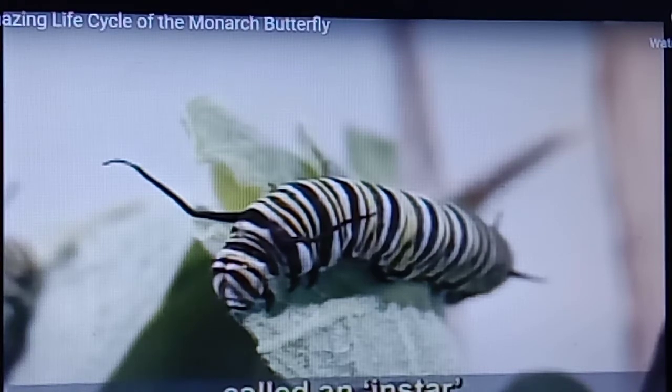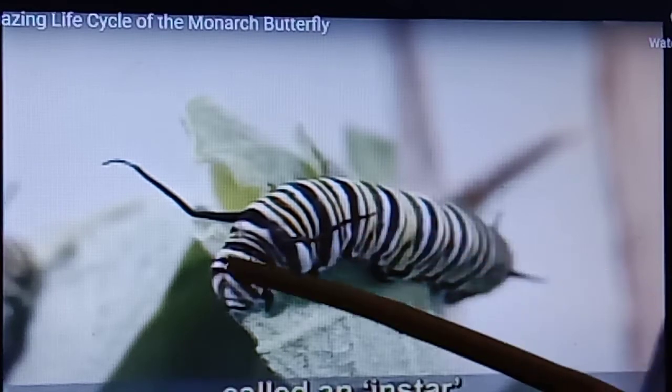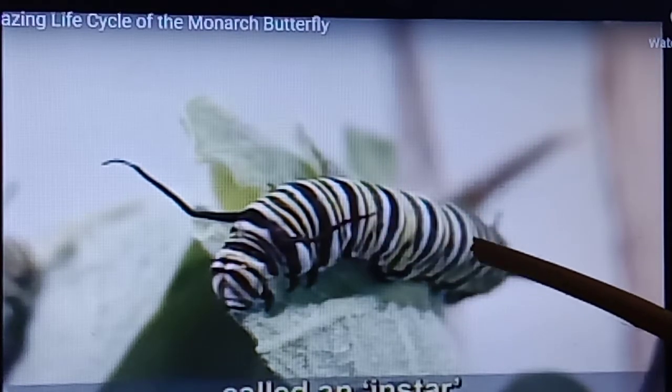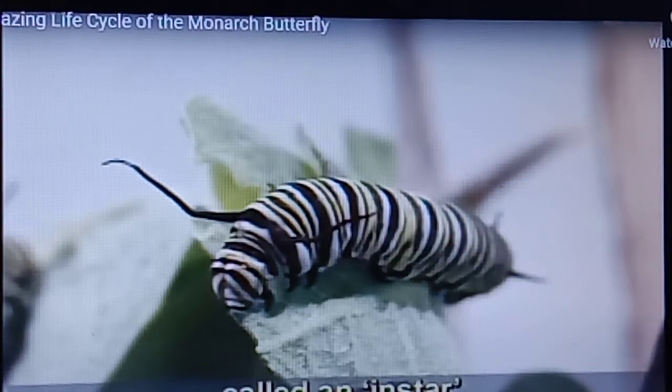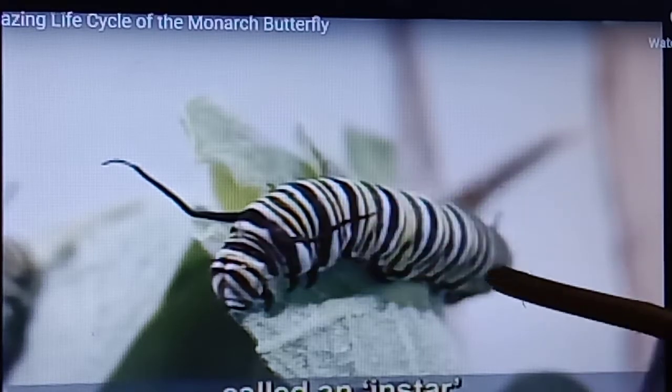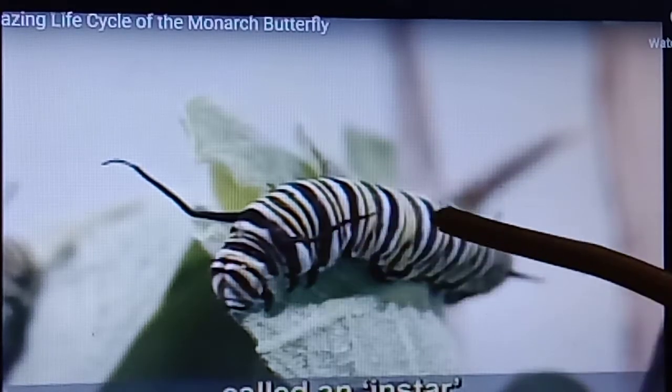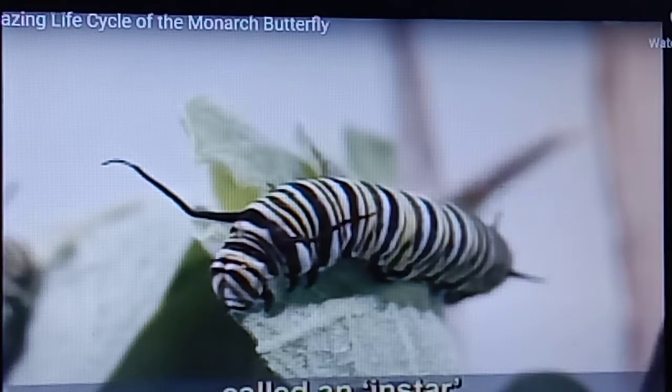But under the old skin or upper skin, a new loose skin is formed on the growing caterpillar.